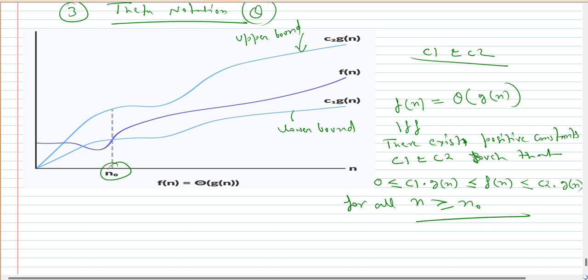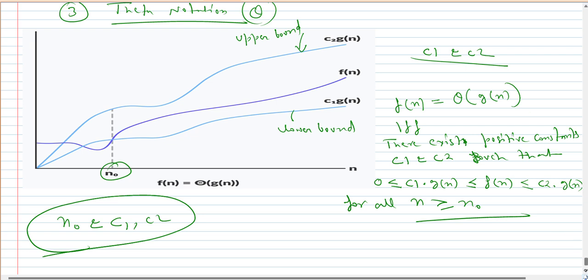So while solving the problem for theta notation and big O notation, we generally find the values of n naught and constants c1, c2. Now let's see some examples.